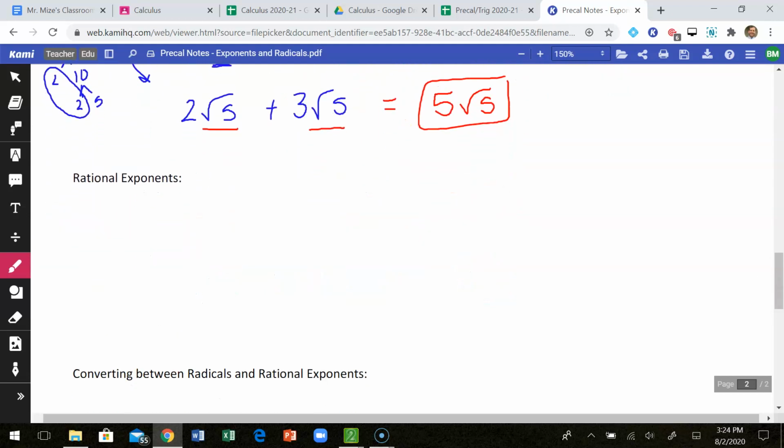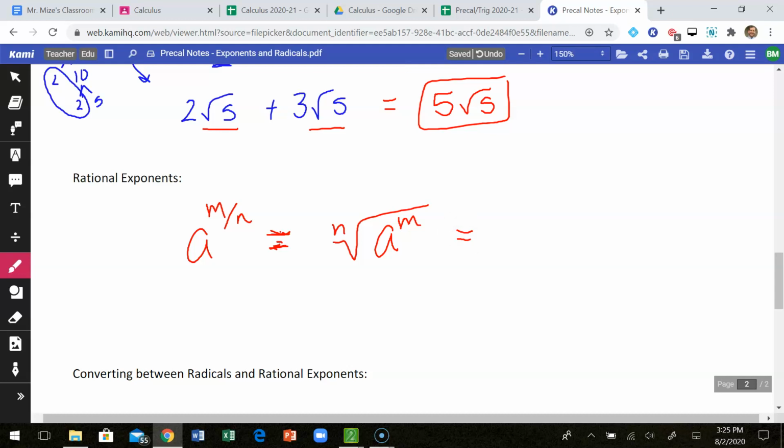Okay, next up is rational exponents. So if you have some base to an exponent that is a fraction, a to the m over n power, the way that you can think about this is you have a to the mth power, and then you're going to do the nth root of that.